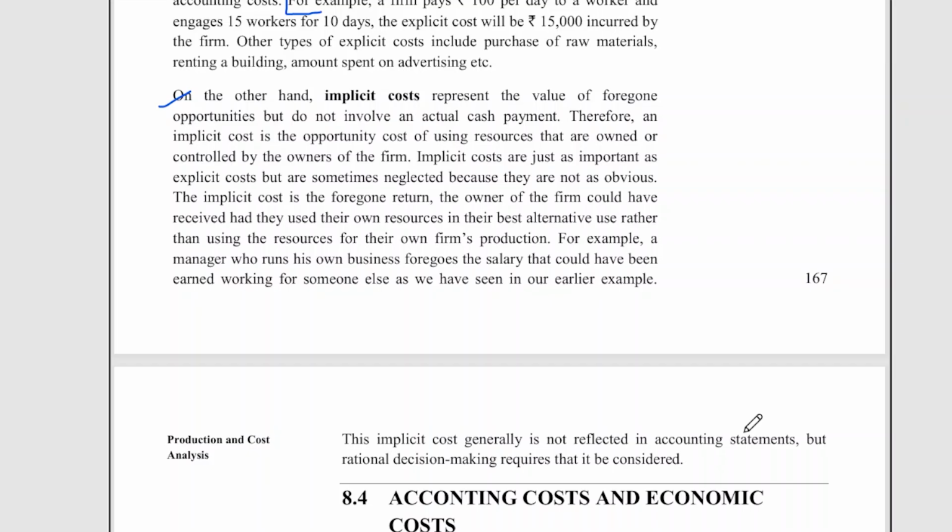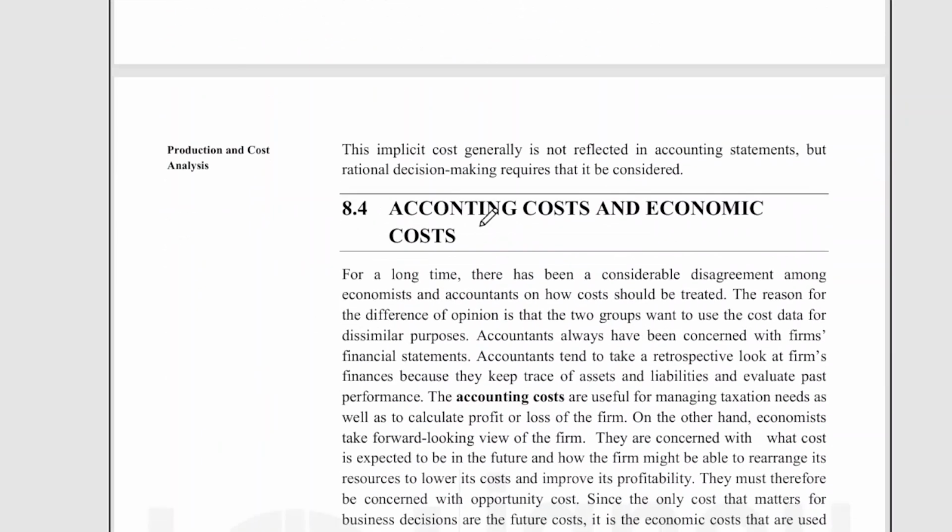The implicit cost is the foregone return the owners of the firm could have received had they used their own resources in their best alternative use rather than using the resources for their own firm's production. An example is here. You can go through your study material.